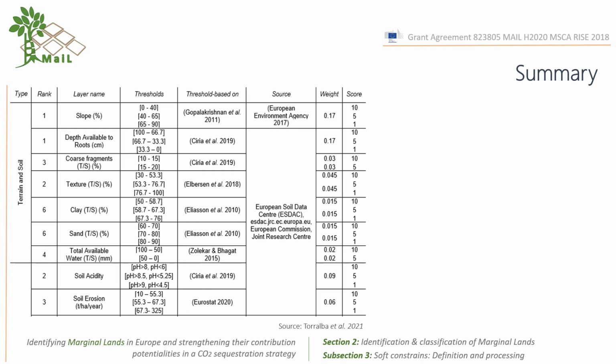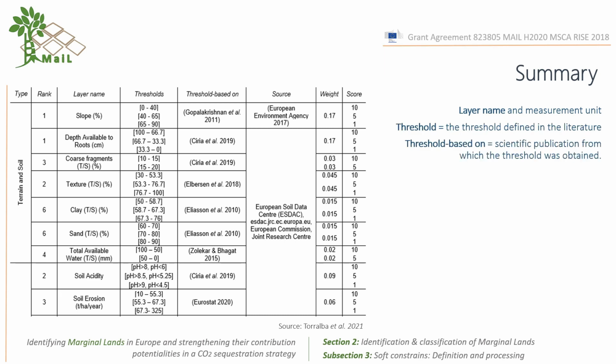Also, here we can only see 9 of the 17 indicators, and the rest I will show you in the next slides. You can see the layer name and the measurement unit, and the threshold defined in the literature. Threshold based on refers to the scientific publication from which the threshold was obtained.